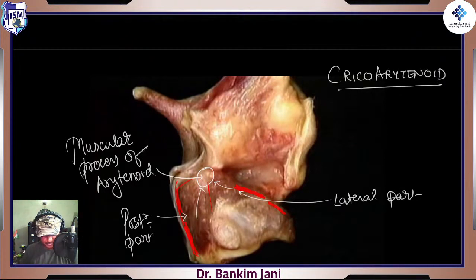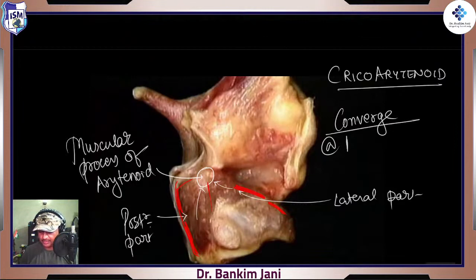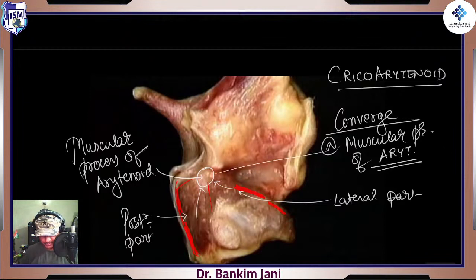Remember that the posterior part and lateral part of cricoarytenoid converge. This is very important. They converge at the muscular process of arytenoid.